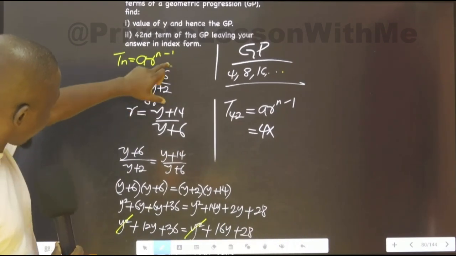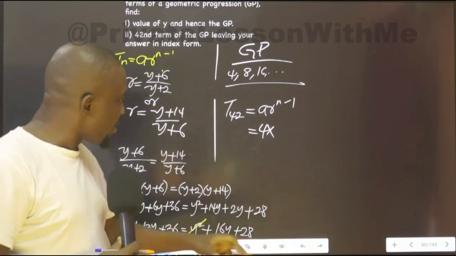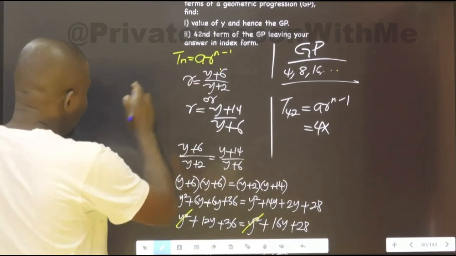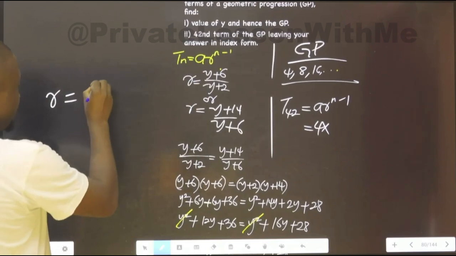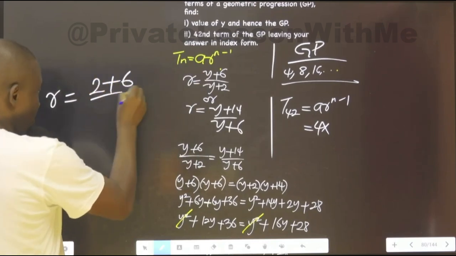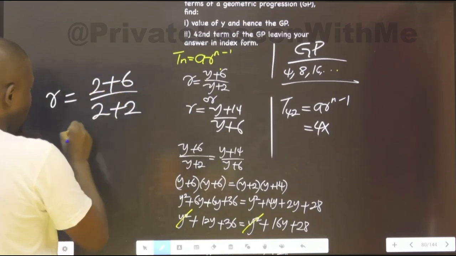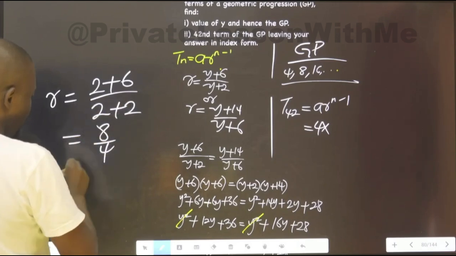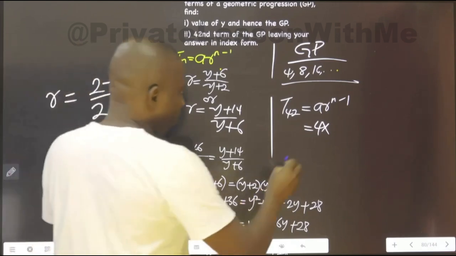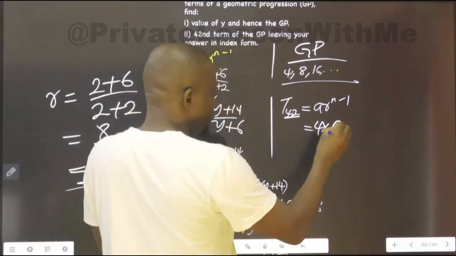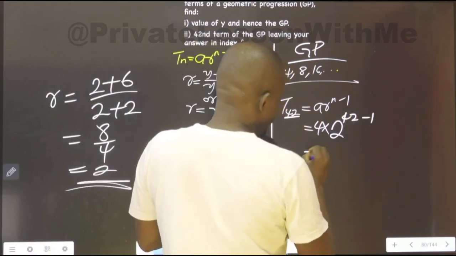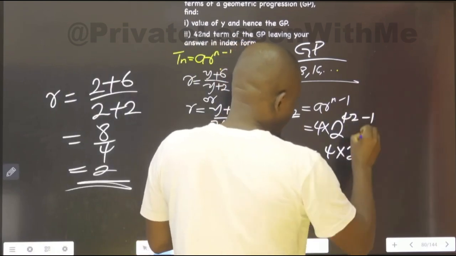You can find it from here now, the common ratio, that is r. So the value of r here is equals to 2 plus 6 all over 2 plus 2 equals 8 over 4, which is equals to 2. So that is 2 raised to power 42 minus 1, which is 4 multiplied by 2 raised to power 41.